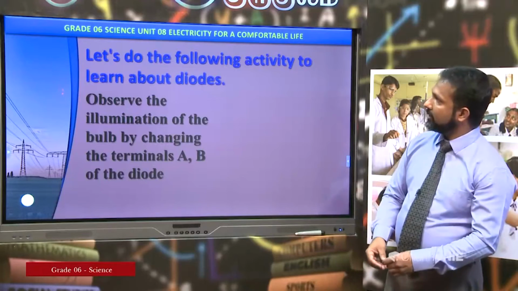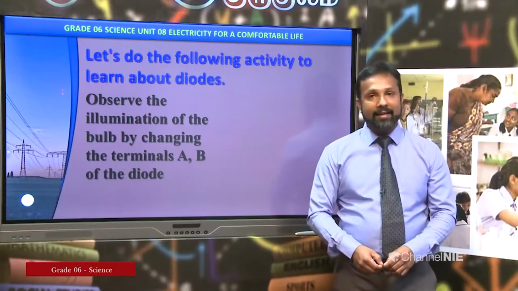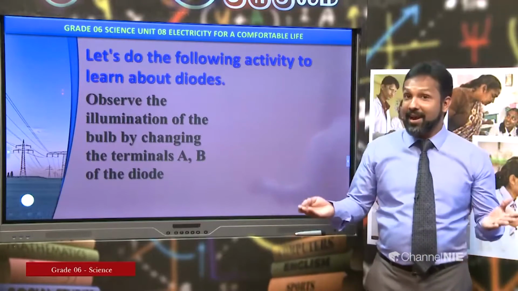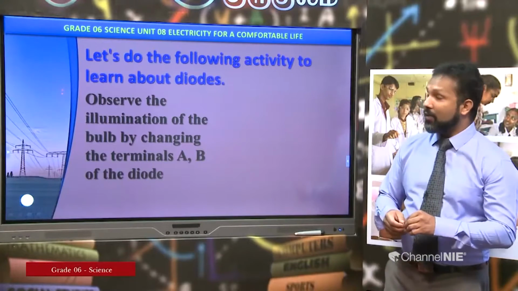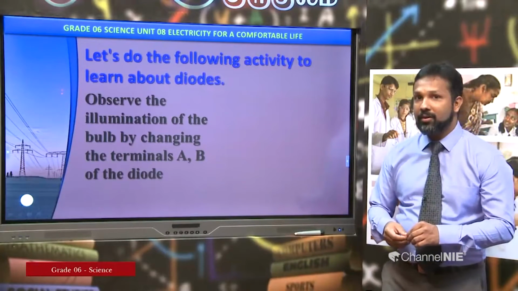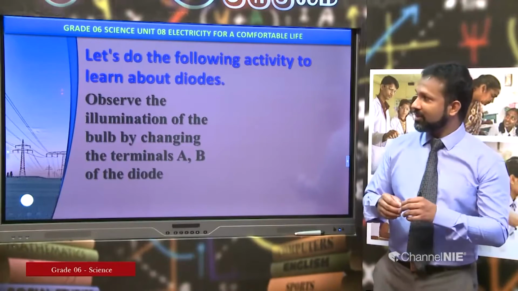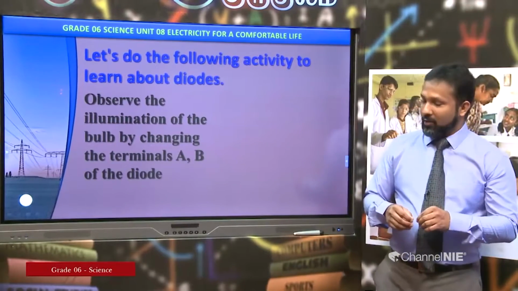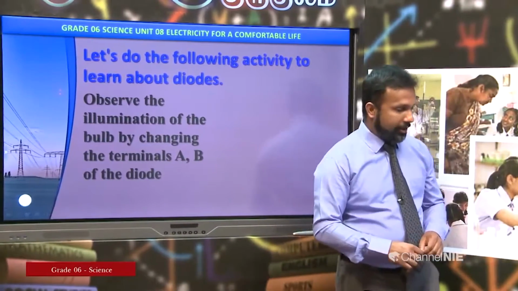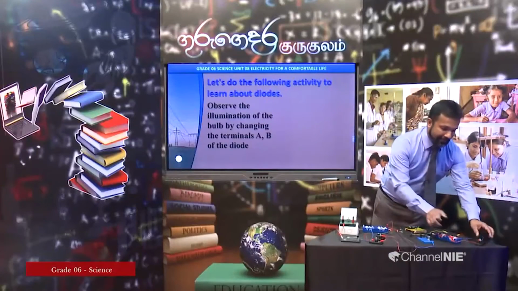Right. Shall we do a simple activity to understand the function of the diode and how it behaves? First of all, I am going to show you this simple activity.